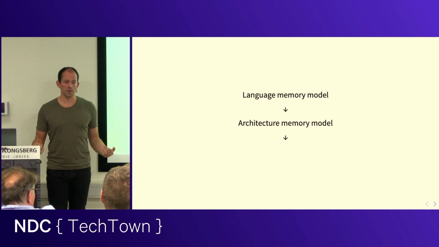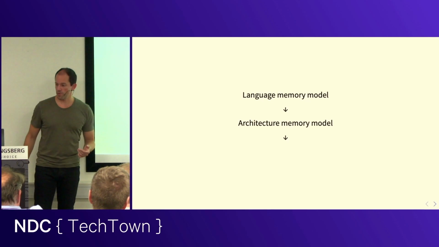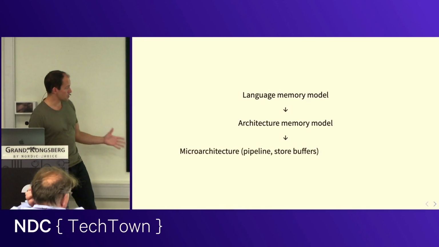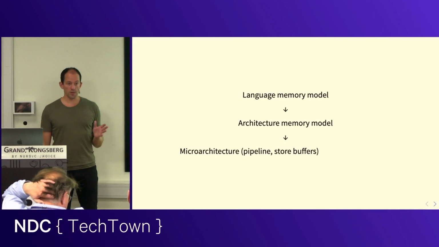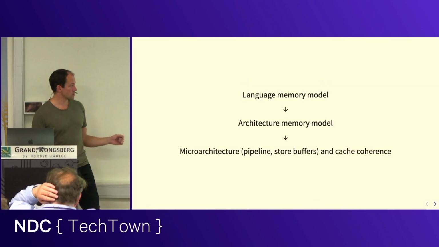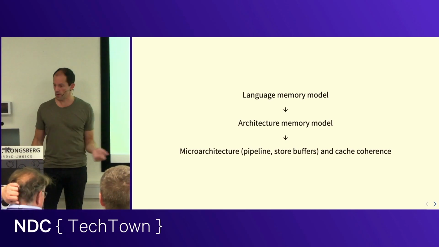So the CPU and the architecture provides their memory model to the compiler, which provides the language memory model on top. And the architecture memory model is then implemented thanks to how the microarchitecture works, like pipelines and store buffers and whatnot, and cache coherence. So that's like the actual things that go in your CPU that make it possible to offer the architecture memory model.